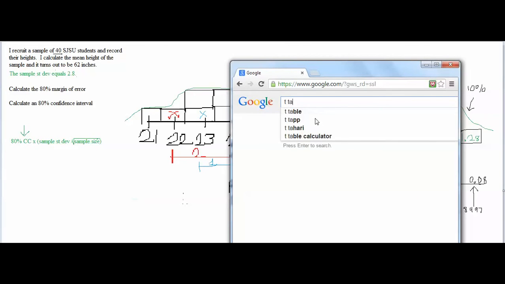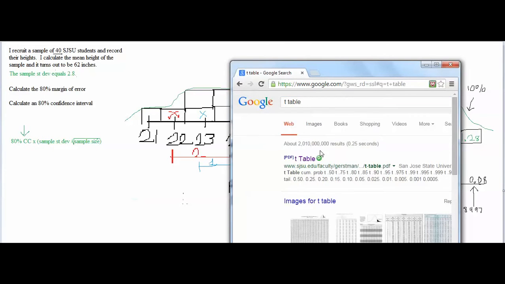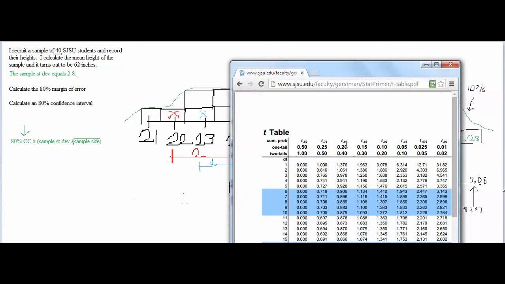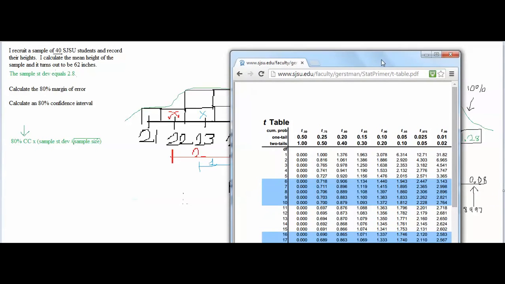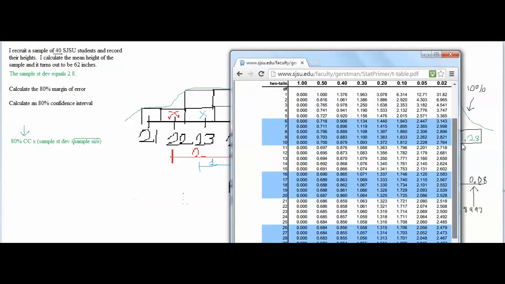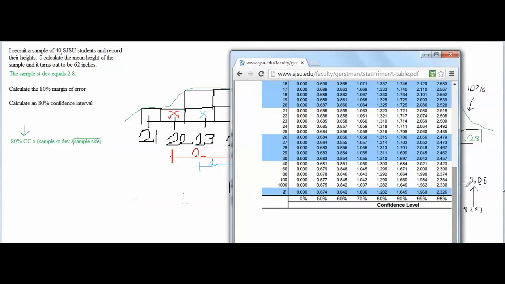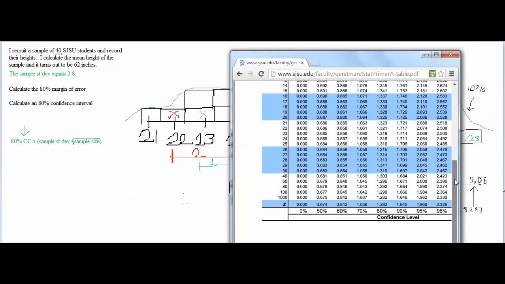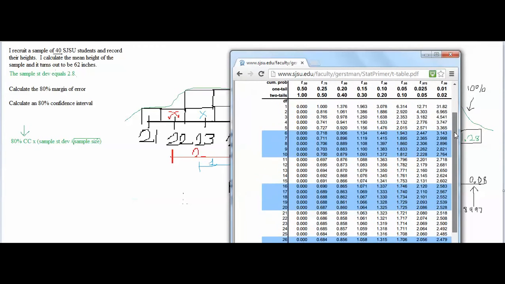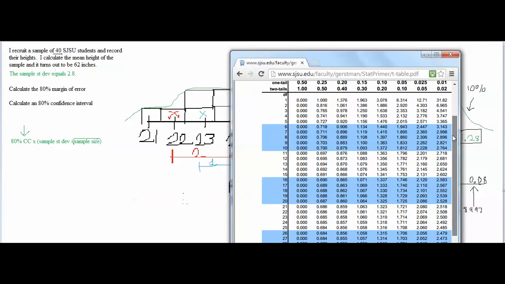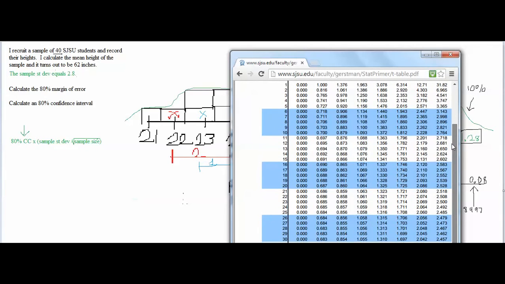And the t-table is pretty easy to use. What we do is we just go down here, we go to 80%, which is the percentage I gave you for this question. That's going to be our column. We go up to the row that matches up with our sample size. I said we're recruiting a sample of 40 people.